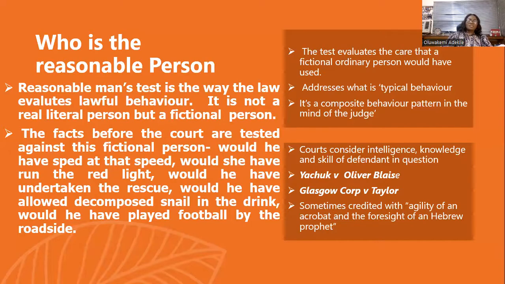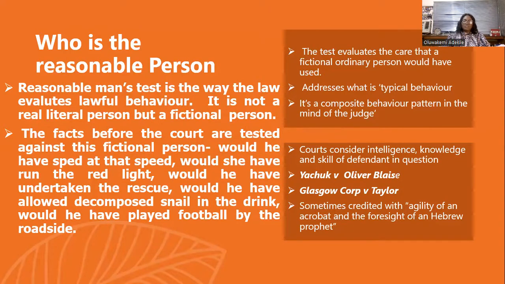How should you behave? Some judges have asked, would the reasonable person have sped through a traffic light? If you say, oh, in a society like Nigeria, for instance, the person would not run the traffic light, yet you have people running the traffic light every day. But that does not represent the reasonable behavior in modern society.